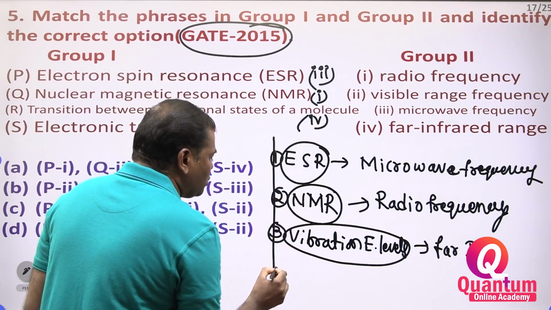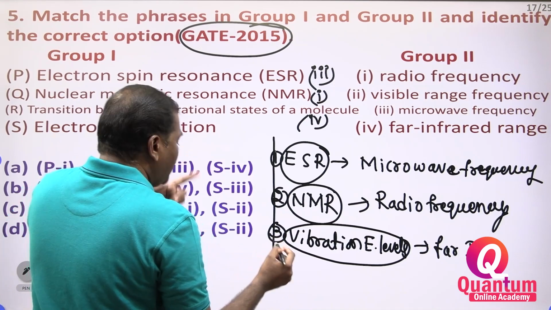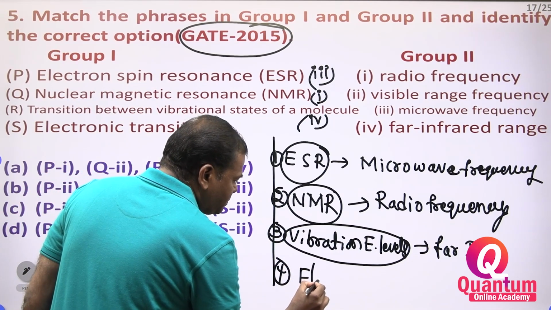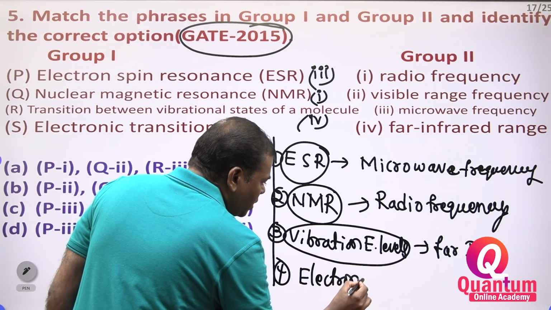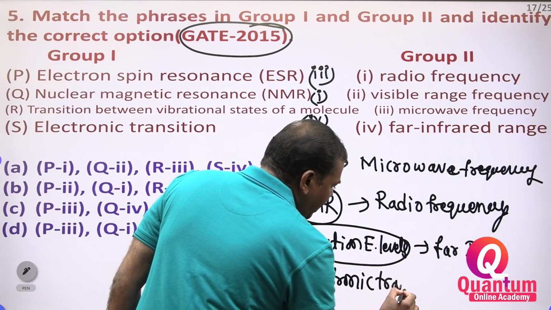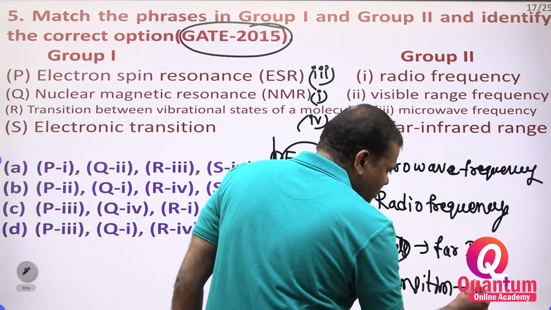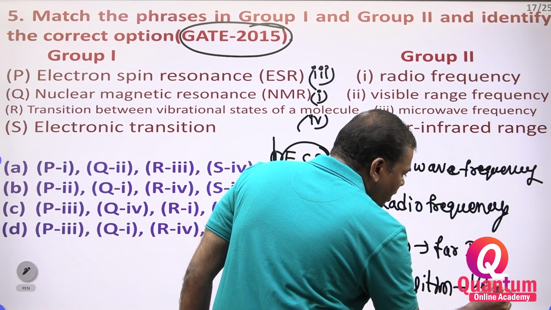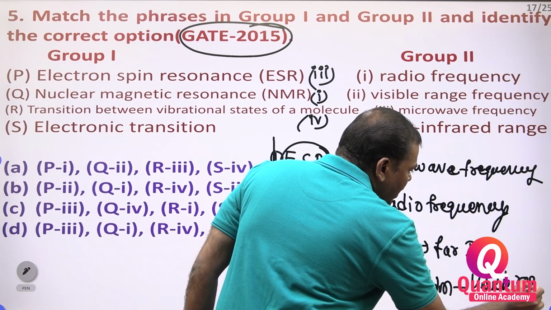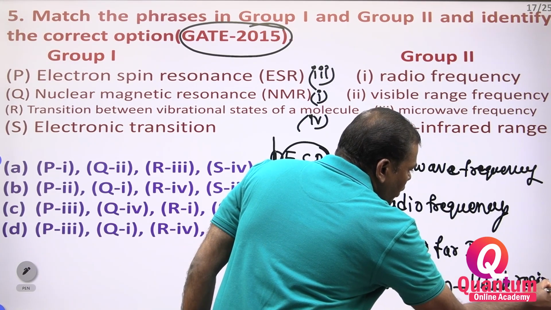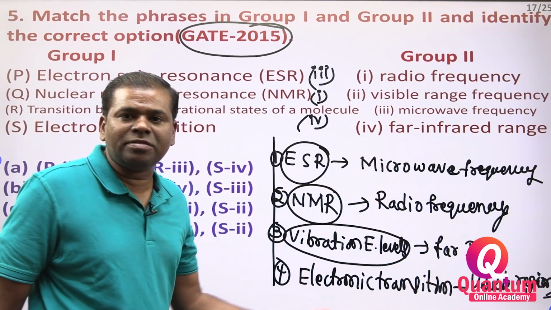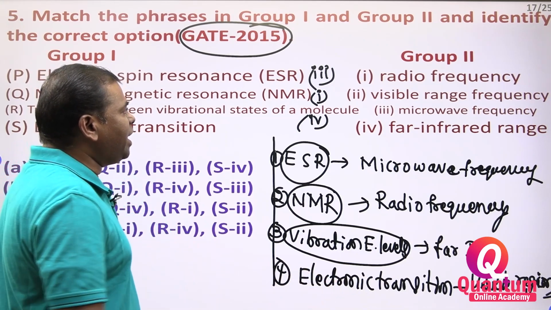Rest of the things you have to see. The fourth one is electronic transition. Electronic transition can take place in the visible region.